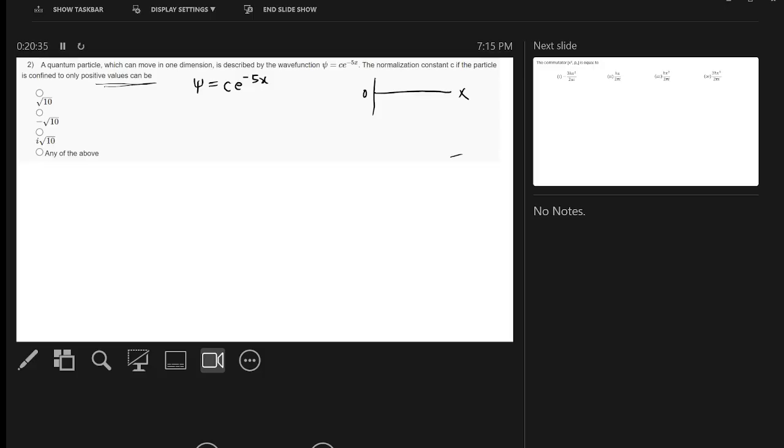So how can we solve it? First write the normalization condition. What is that? N equal to 1 by under root of the integral of psi star psi dx from 0 to infinity.